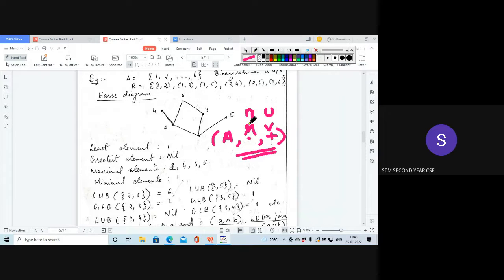These symbols can be used interchangeably.